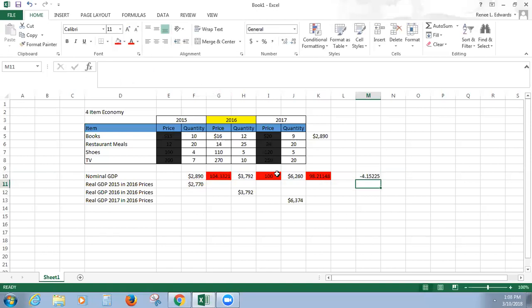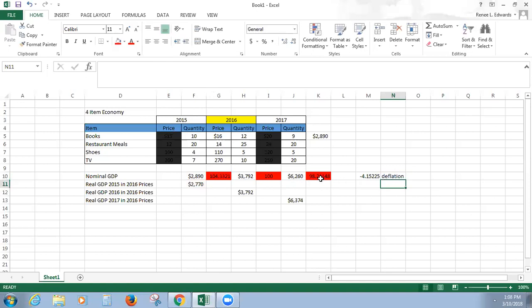All right, so what that tells me is that between 2015 and 2016, we saw a negative 4.15 percentage change, right? Whenever it is negative or less than zero, that's always going to be labeled as deflation.